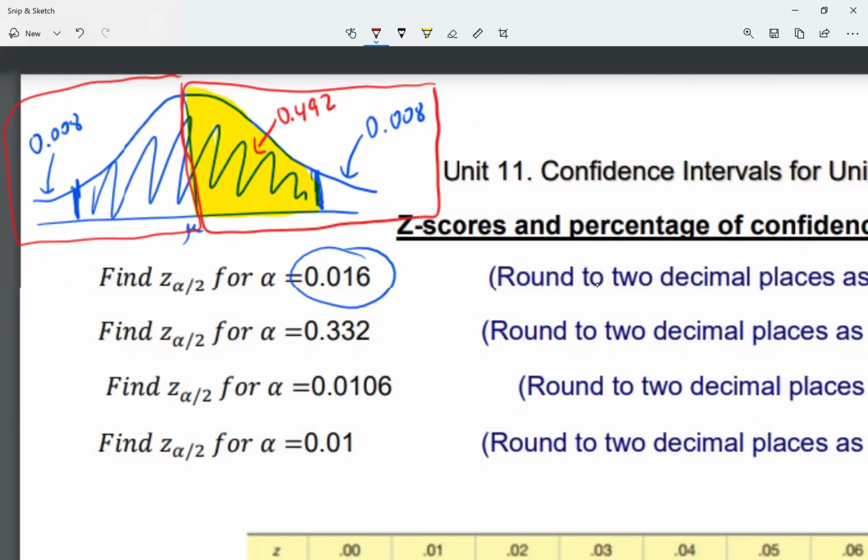Follow me? So just looking at the half, 0.5, I subtracted this part, 0.008, and that's how I got 0.492. So I'm looking for a C-score that will give me that value, 0.492.